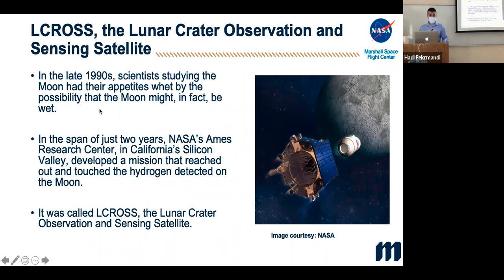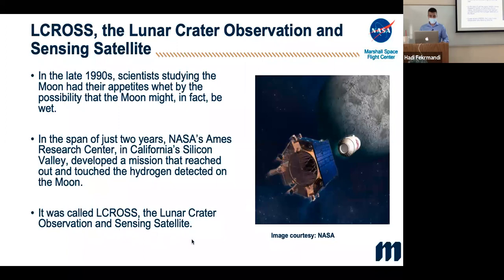Then NASA Ames Center led the effort, and within 2 years there was a mission called LCROSS, standing for Lunar Crater Observation and Sensing Satellite.